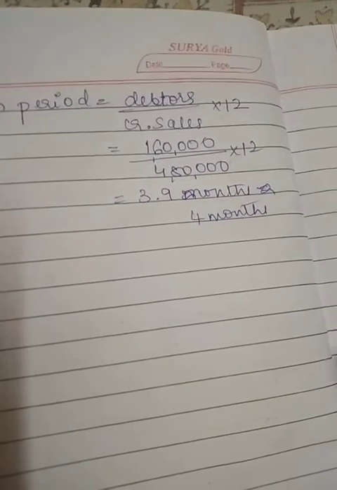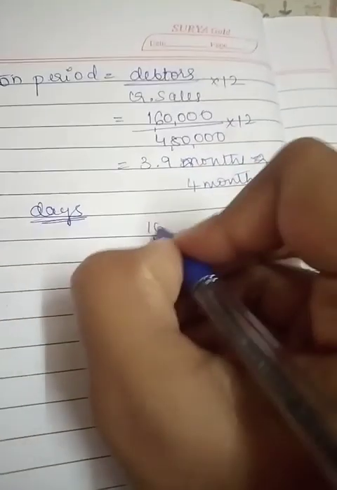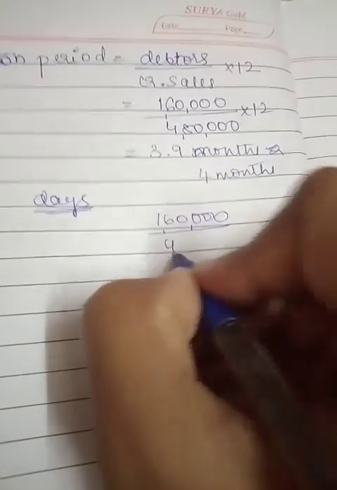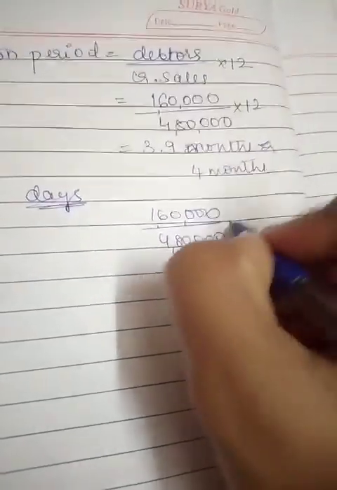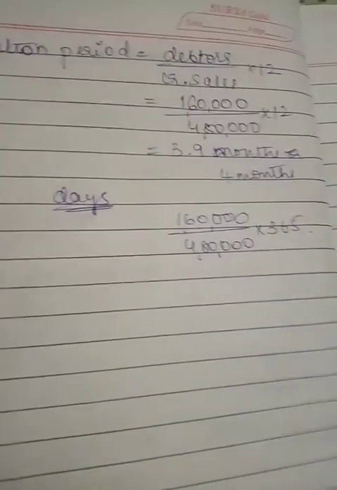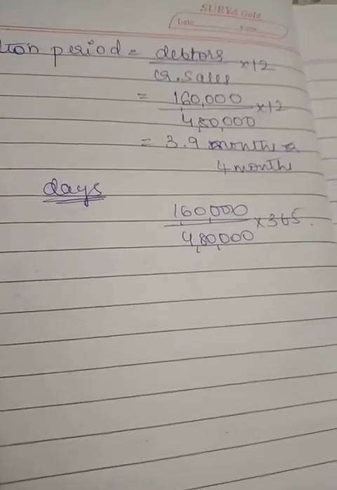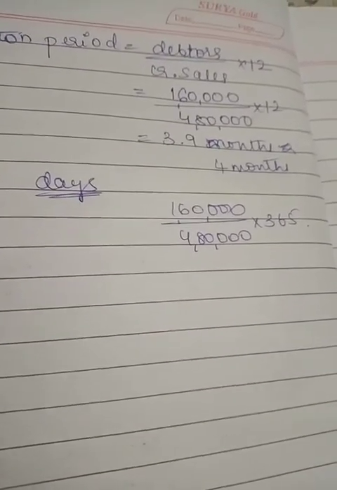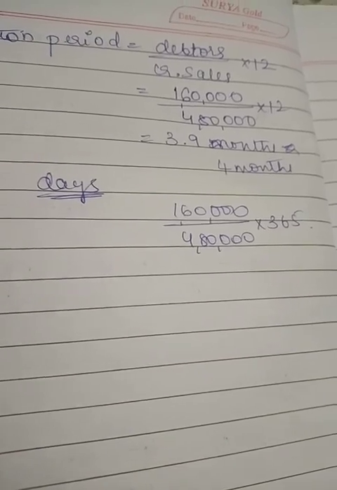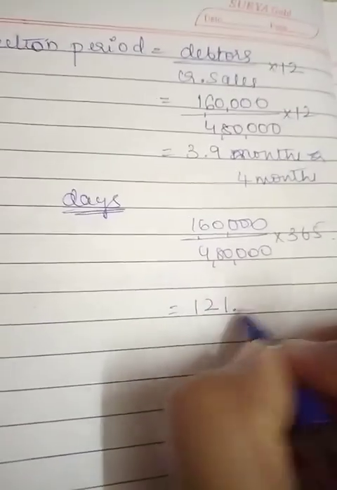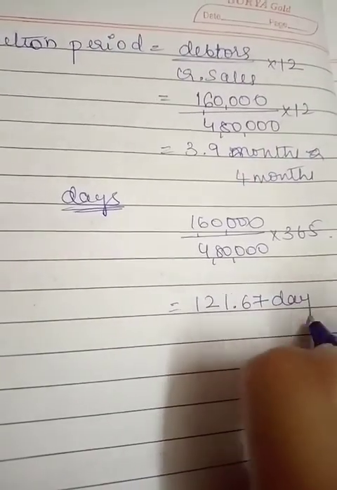Now this can also be indicated in days. How to indicate it in days? Data is given as 1,60,000 divided by 4,80,000 into 365. So it is 121.67 days.